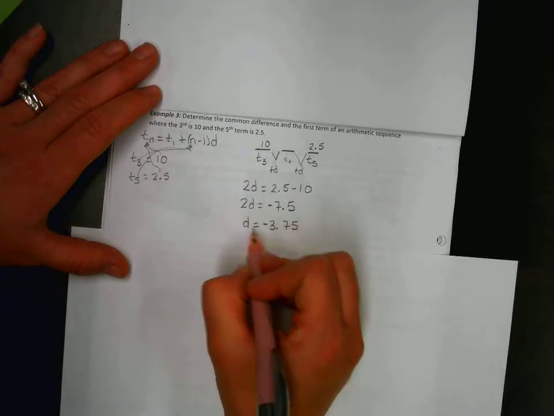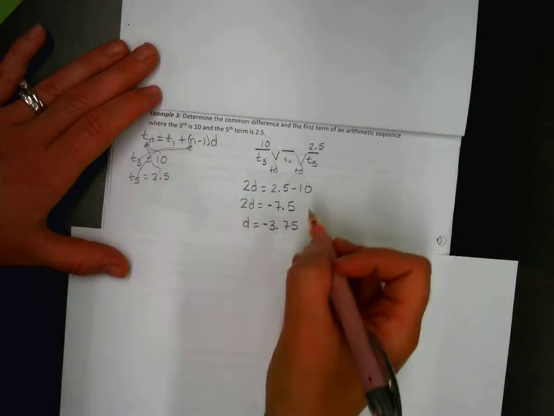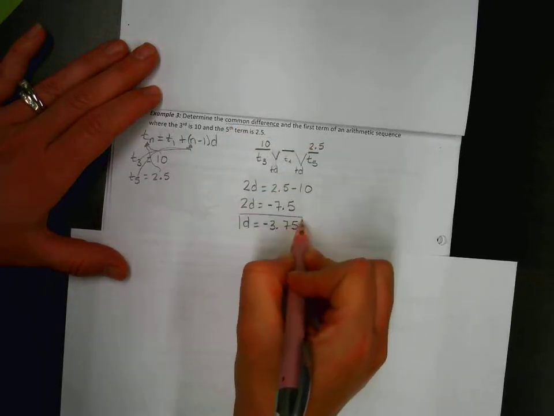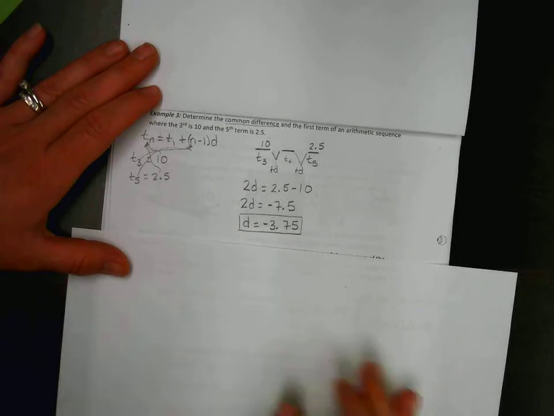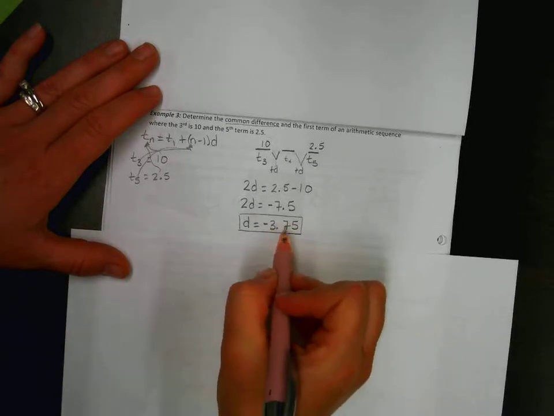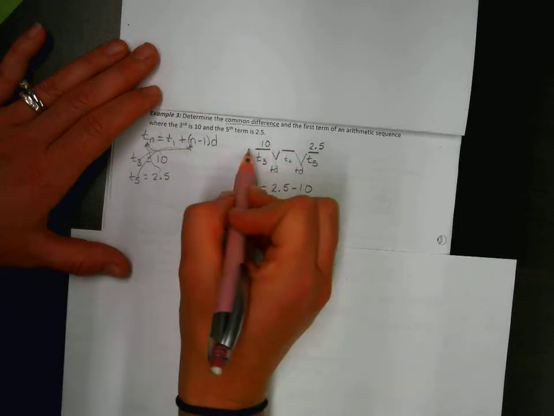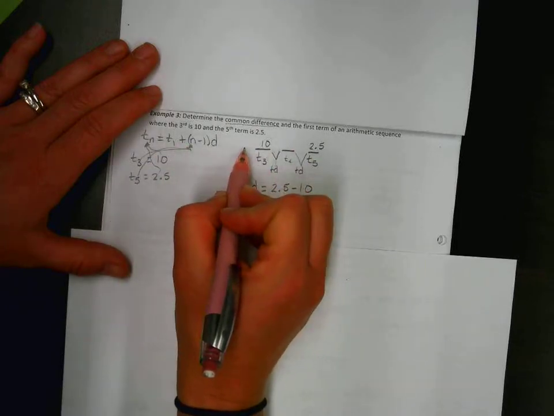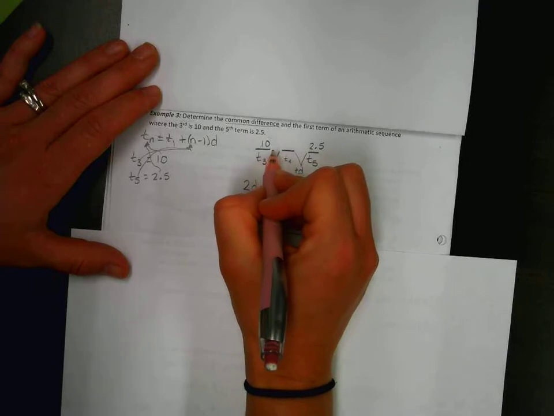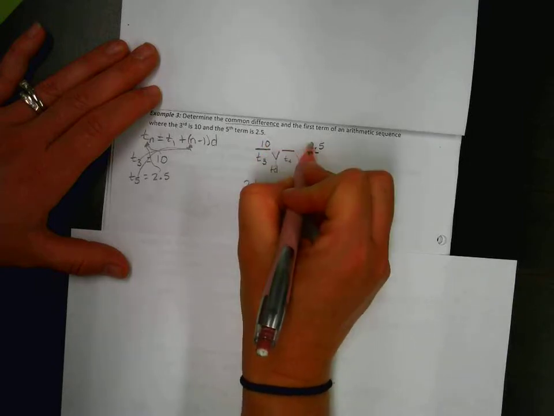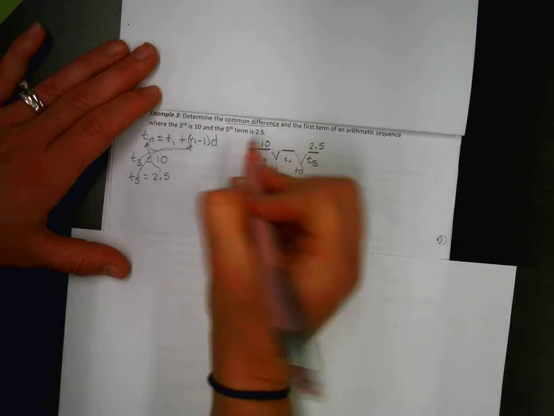So I've answered this part of the question. I'm now going to use this to find my first term. I could substitute it back into my formula with this information, or I can simply work backwards from my third term. Remember, I'm subtracting 3.75 to go this direction, so I'm going to do the opposite in this direction.